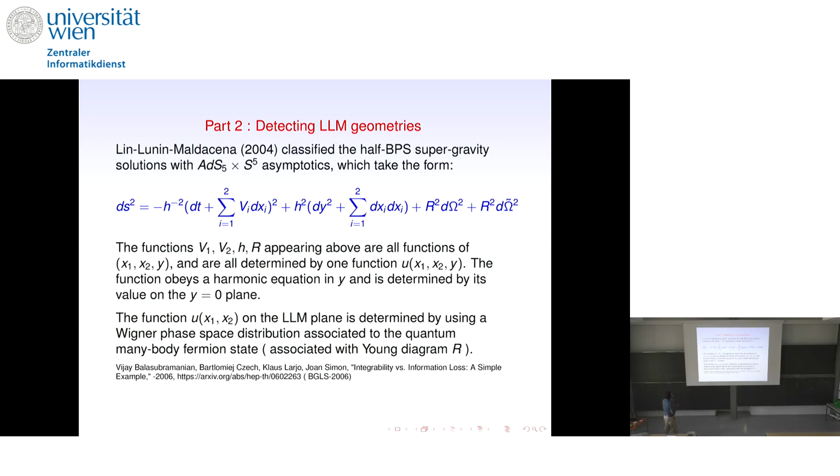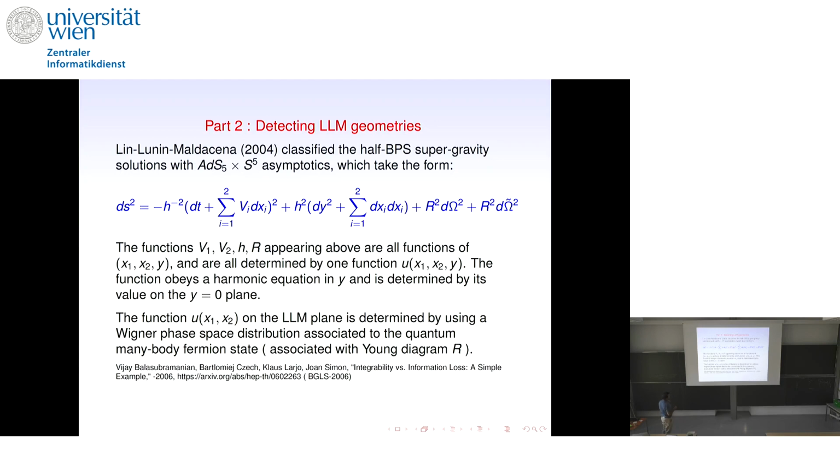So part 2, now detecting LLM geometries. These LLM geometries have a very interesting form of metric, a 10-dimensional metric. 2 dimensions play a special role, i equals 1 to 2. There are some functions v and h and r, where r is just the radius.